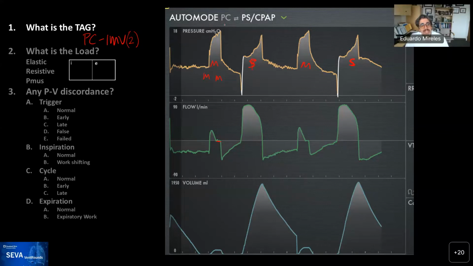And because this is telling you it's auto mode PCPS, what it does is it changes from pressure control to pressure support, meaning both of them are set points. You would set the inspiratory pressure for the mandatory breaths and the inspiratory pressure for the spontaneous breaths, and you would set the I time for the mandatory breaths too.